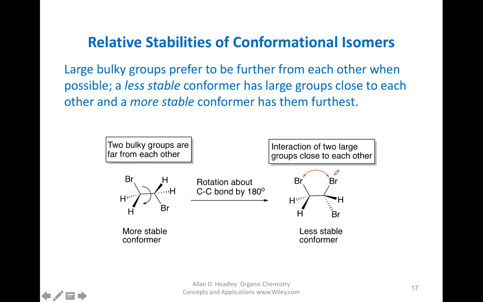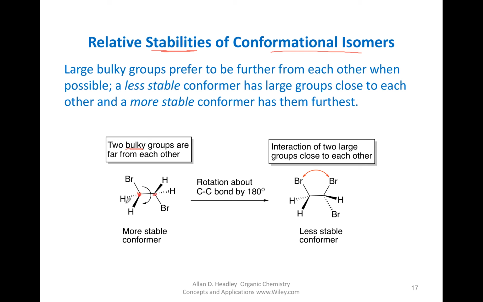Okay, so let us see how we can apply this concept. Let us look at the relative stabilities of conformational isomers. So let's first of all define stability. If there are 2 bulky groups around a carbon, so here's a carbon, here's a carbon.